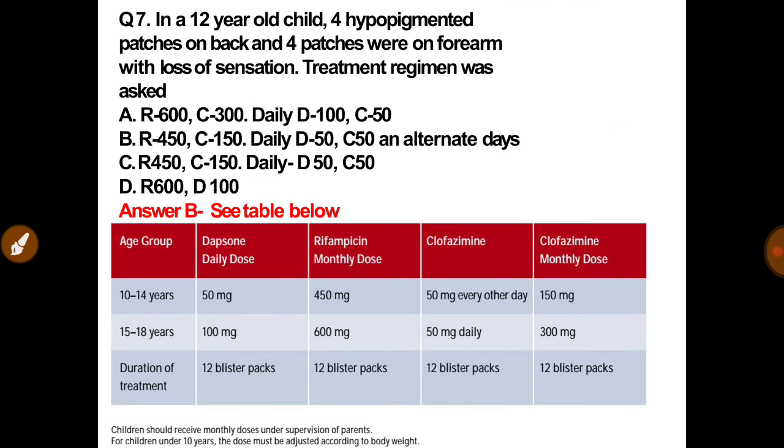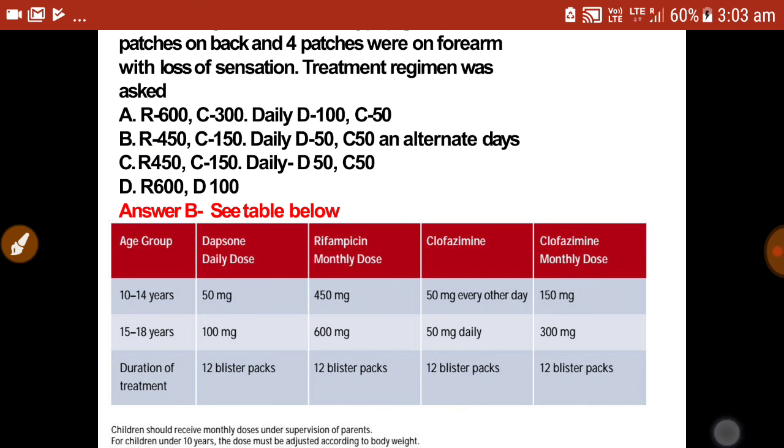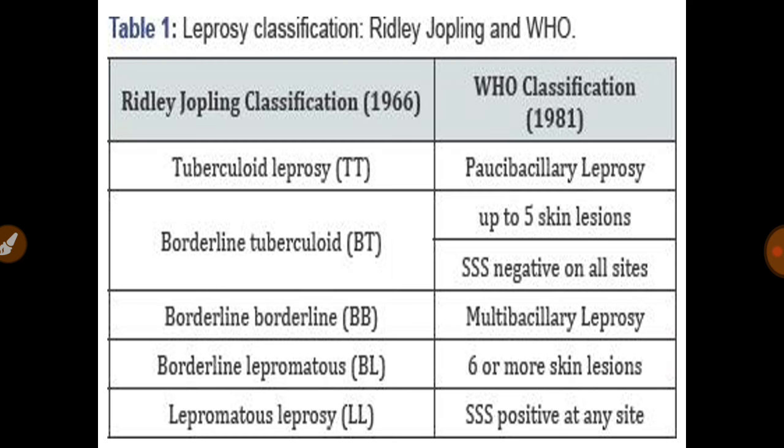These are asked in every exam, right from NEET PG to AIIMS to PGI to any other exam related to your postgraduation. So the answer here becomes rifampicin 450, clofazimine 150, daily dapsone 50 mg, and clofazimine 50 on alternate days. Very easy, but you should know them. Everything about leprosy is important for you, including the Ridley-Jopling classification and the WHO classification.